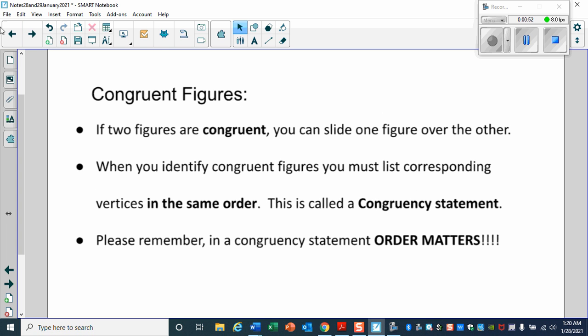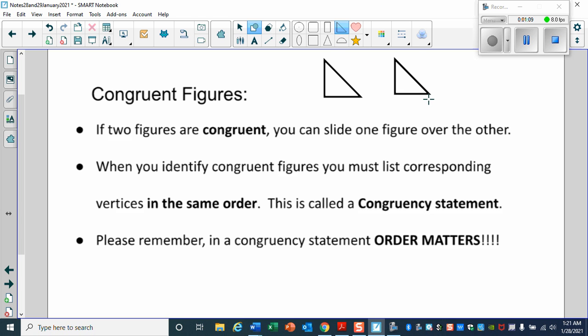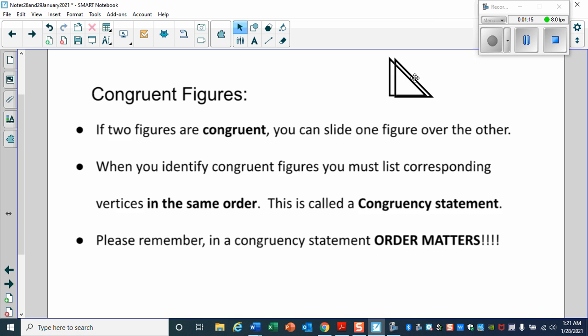So, some review, again, congruent figures. The goal: you slide one figure on top of the other. So I'll give you an example. Basically, in the end, let's say you have this first triangle, slide it over, and it's directly over the second triangle.